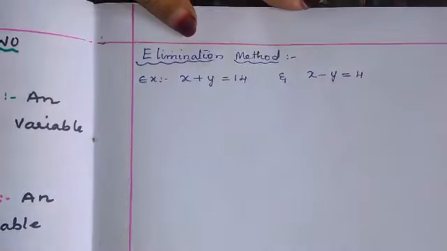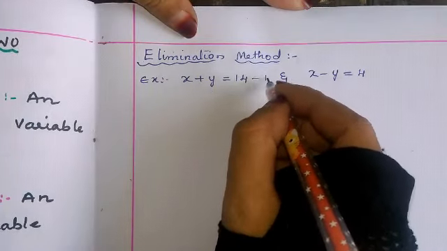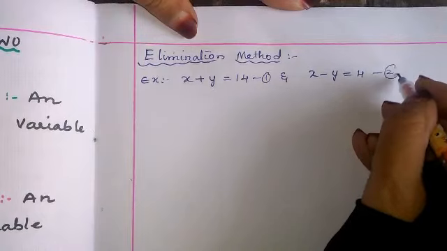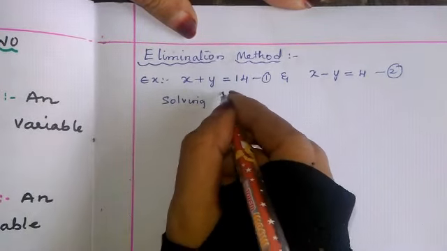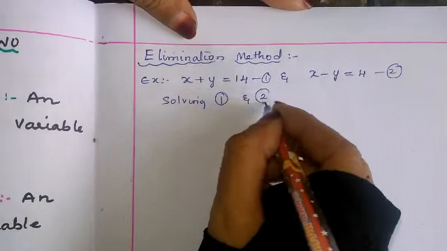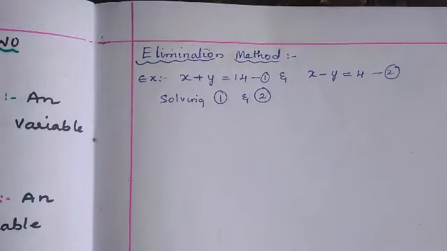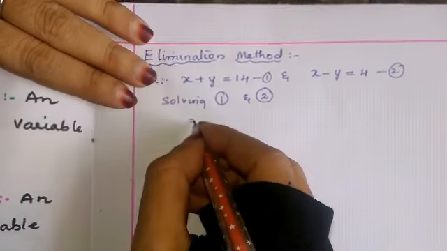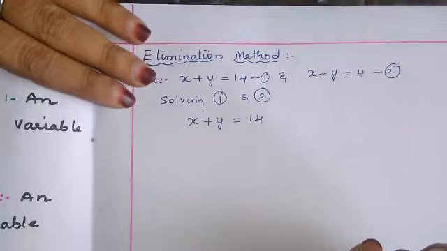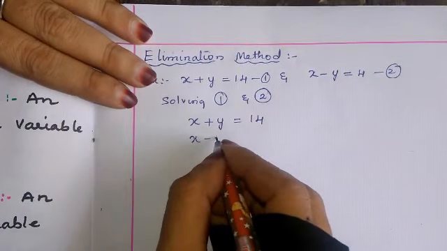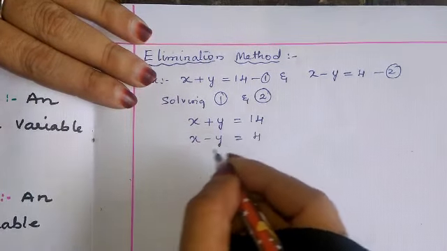Now let us consider this equation as 1 and this equation as 2. Solving equations 1 and 2, what will we get? Let us see. x plus y is equal to 14, I'll write as it is. x minus y is equal to 4.